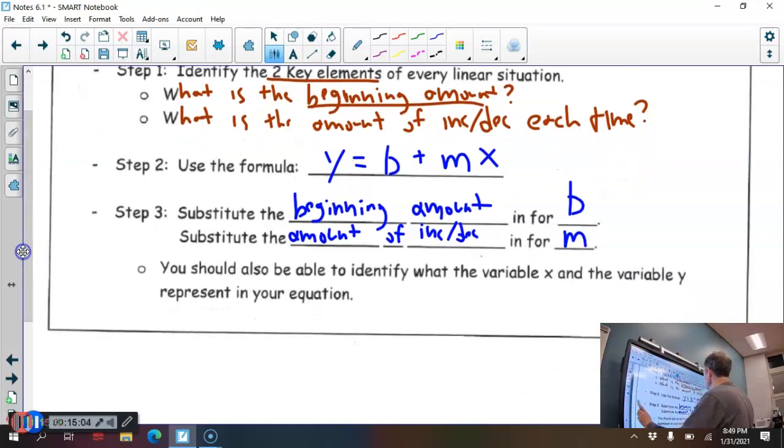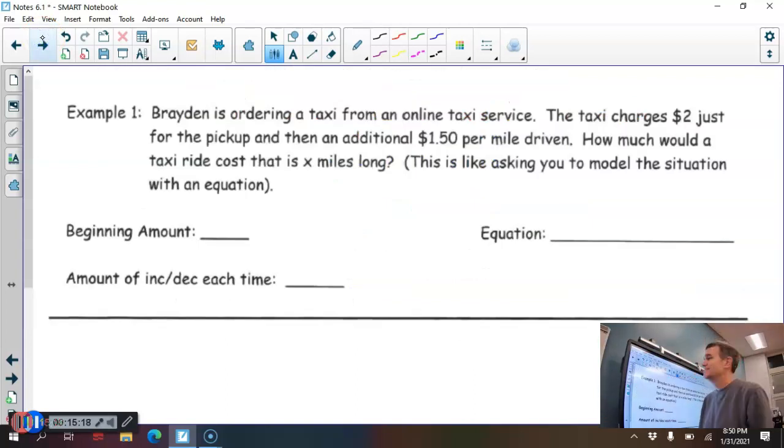My last little note is you should be able to identify what the variable x and the variable y represent in your equation. All right, here we go. We're going to do 4 examples and we'll be done.